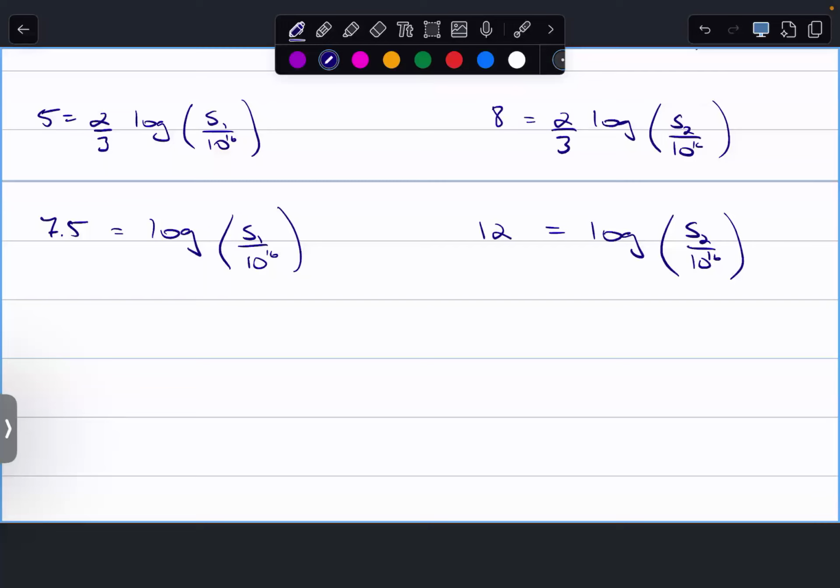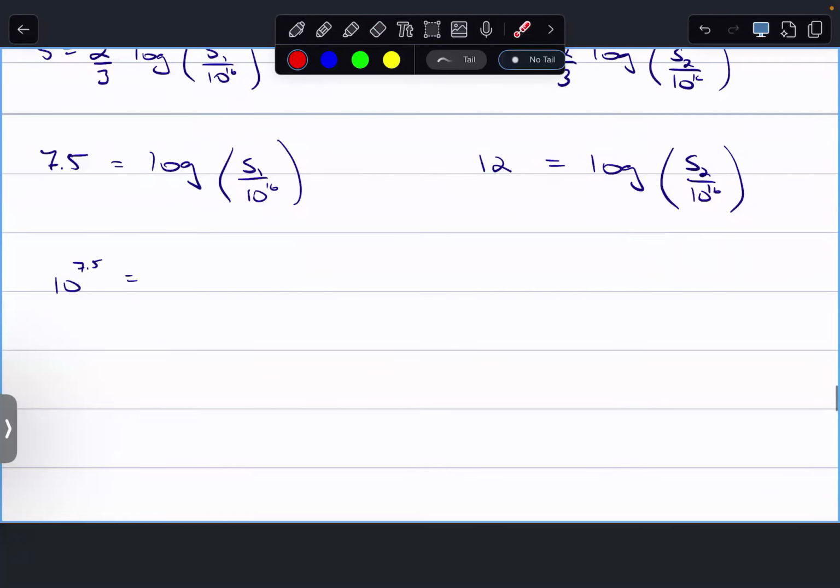Now I've isolated the logs, and so now how can I get at the S's inside? I can take 10 to the power of both sides. So 10 to the 7.5 is 10 to the log, but the reason I'm doing the 10, so I'm going to skip it, is to get at the inside, right? 10 to the log base 10 of this thing just drops down to be S1 over 10 to the 16.